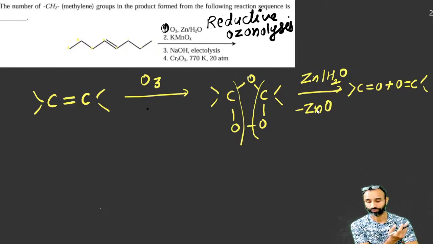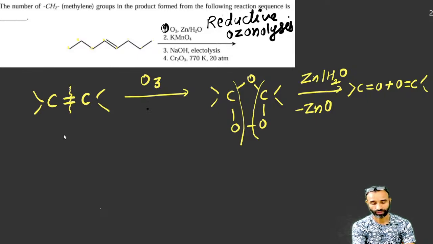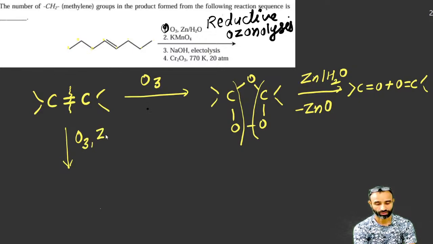Okay, so now when we have this particular alkene, what is happening actually? There is a breaking of the carbon-carbon double bond. Simple. If you don't want to expand this reaction in this way, just break the carbon-carbon double bond and instead of the double bond, just attach oxygen.